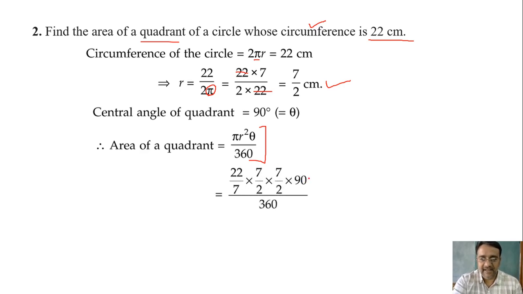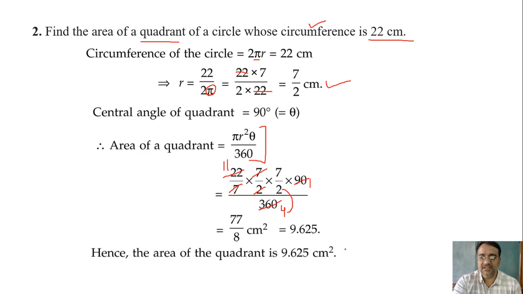Okay, so this 90 by 360 becomes 1 by 4. Look, this is only 1 by 4. 7 7 cancel and 2 2 also cancel. Right, so 11 into 7, 77 upon 8. Approximately 9.625 centimeter square. So this is the required area. Any doubt?